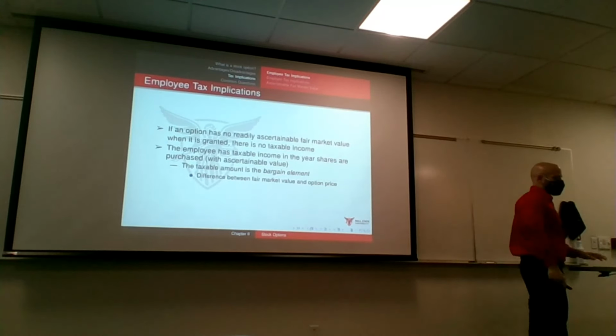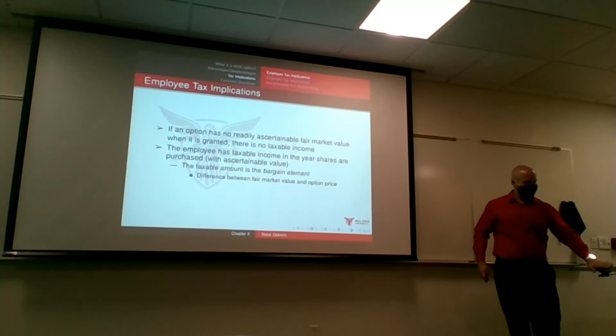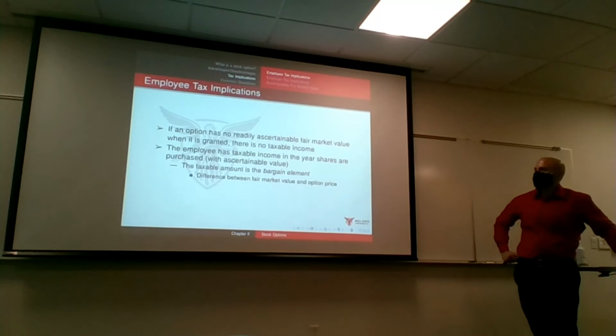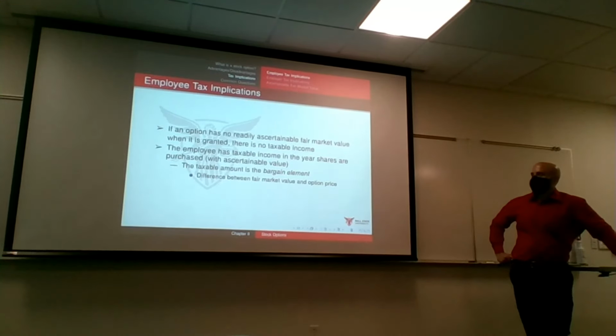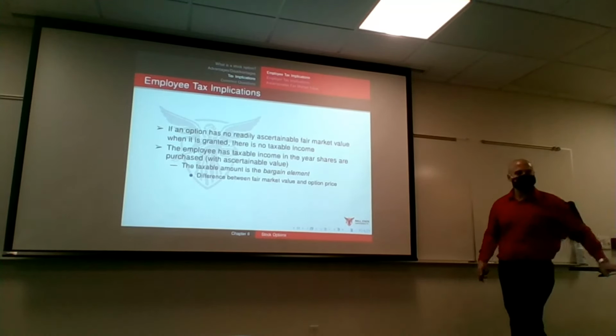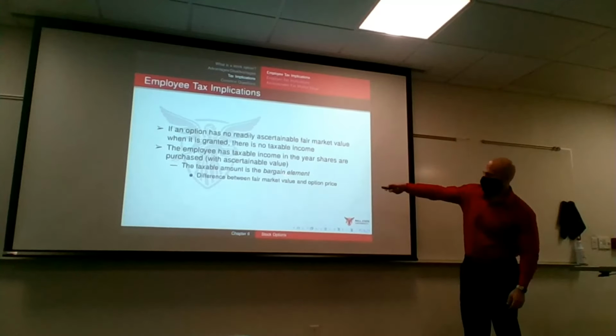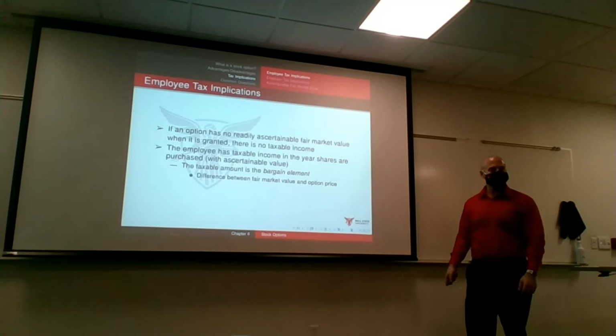This might be true for an IPO for a small firm. So if we can't ascertain fair market value. Now, otherwise, the employee does have taxable income when they are purchased with a known value. We can ascertain that value. But the taxable amount, as I said, again, is that net, which is called the bargain element.